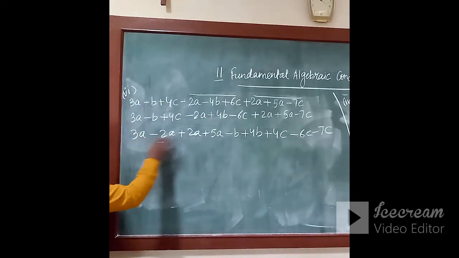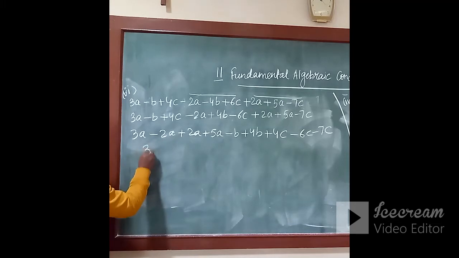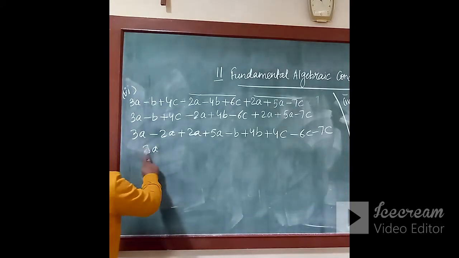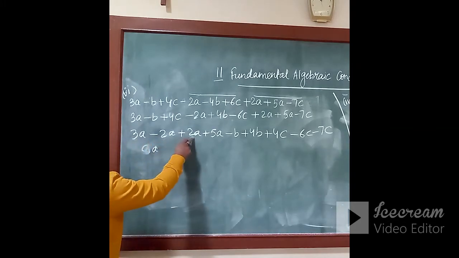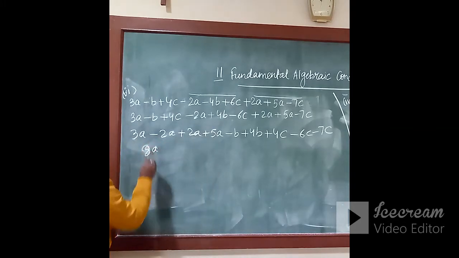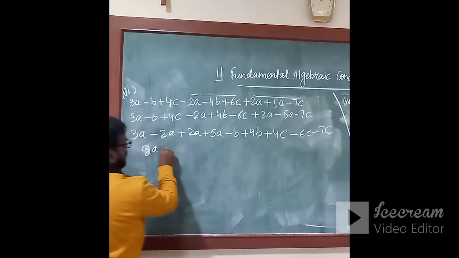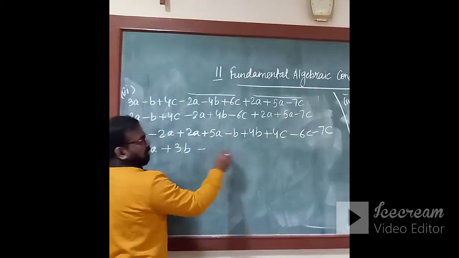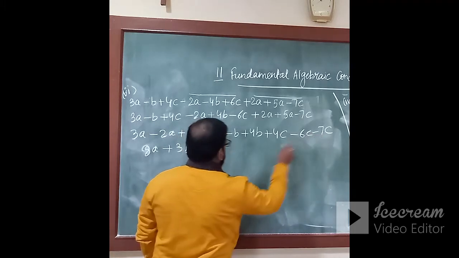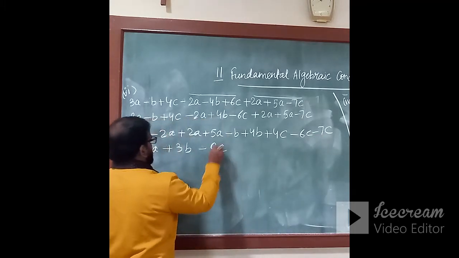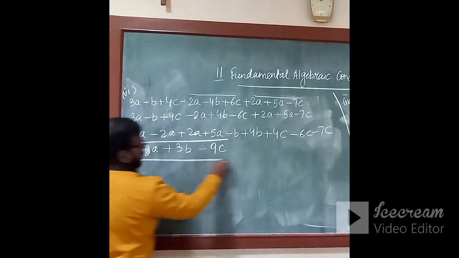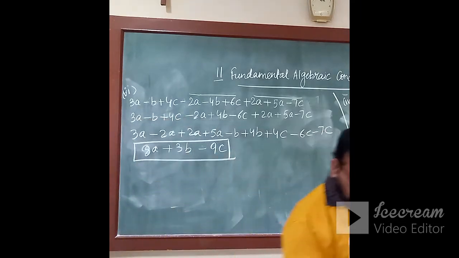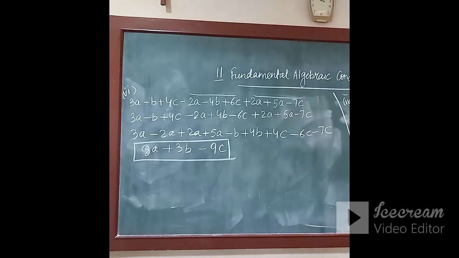So it will be 3 minus 2 is 1 plus 2 is 3 plus 5 is 8a. Then 4 minus 1 is 3b. Then 4 minus 6 minus 2 minus 7 is minus 9c. Okay, so like this we can solve this one.